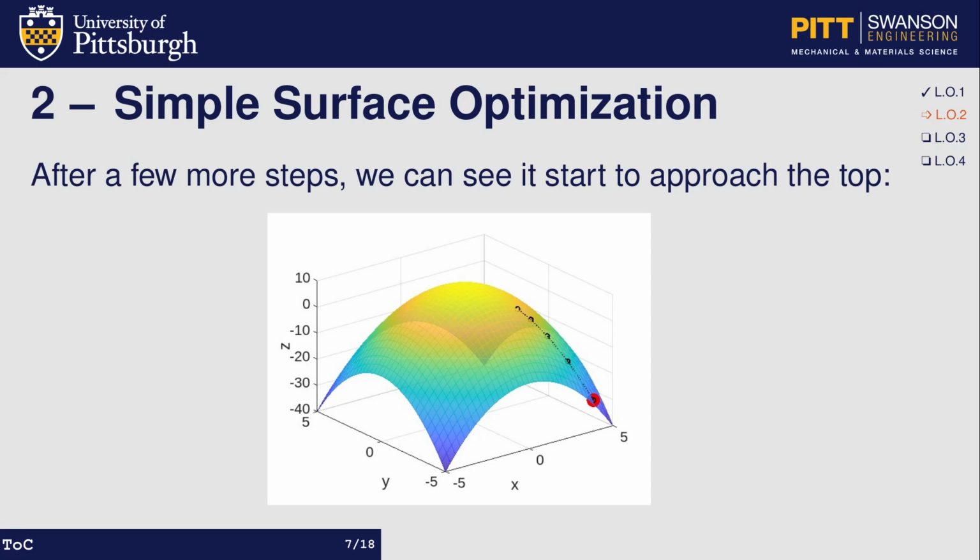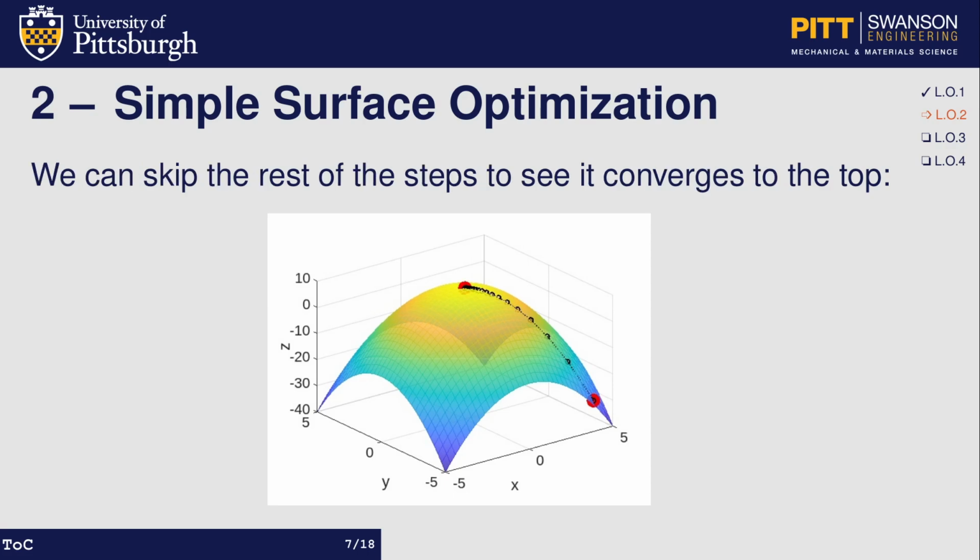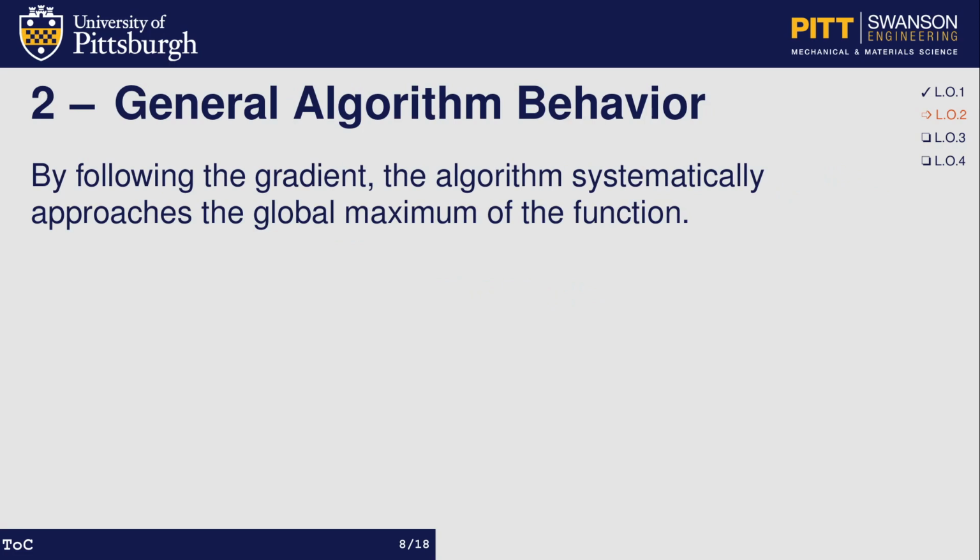We see that it is starting to approach the top of this curve, which we know is the maximum. And then if we skip the rest, we can see that ultimately it does in fact converge towards that point right at the top. By following the gradient, the algorithm systematically approaches the global maximum of this function.